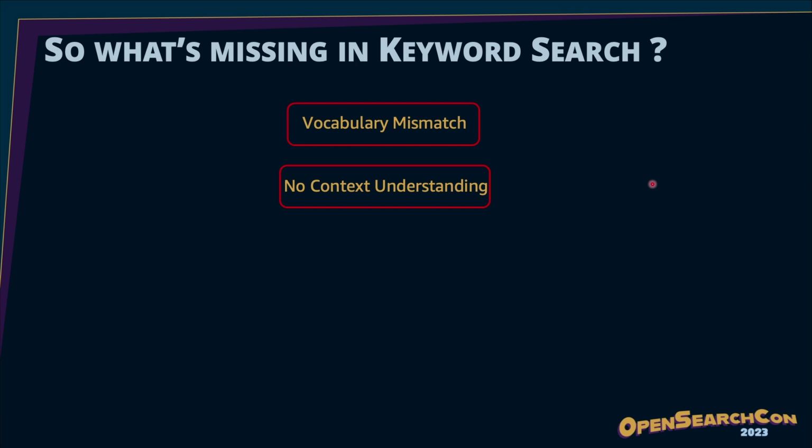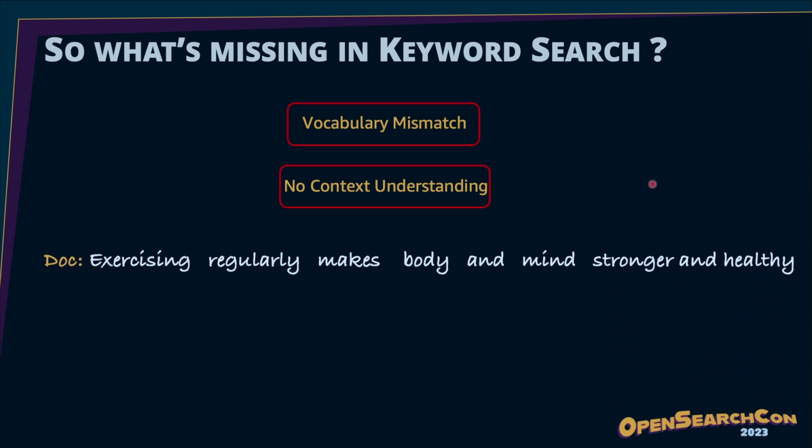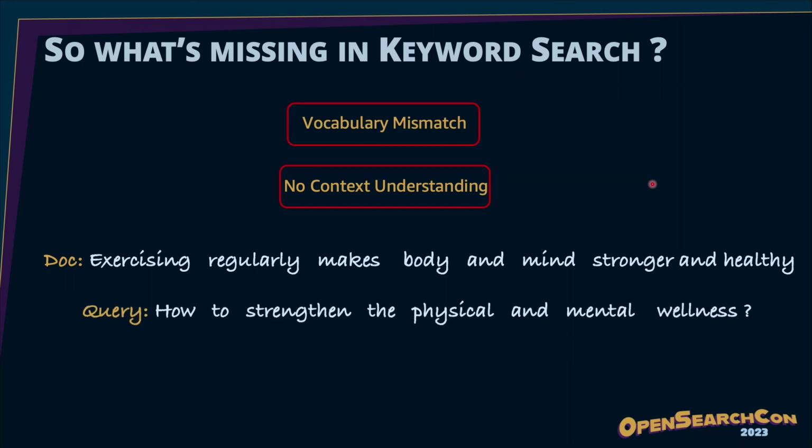One is vocabulary mismatch, and the other is that keyword search is not capable of understanding the context. Let's understand these two things with an example. Consider you have a document which says exercising regularly makes body and mind stronger and healthy. This is a document sitting in your document store. And there is a query coming in, where the user is asking how to strengthen the physical and mental wellness.